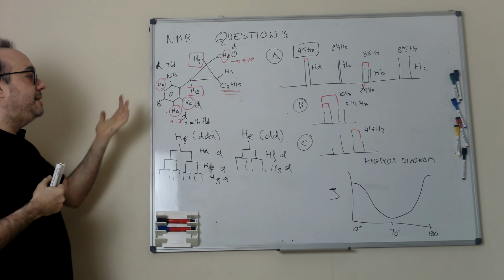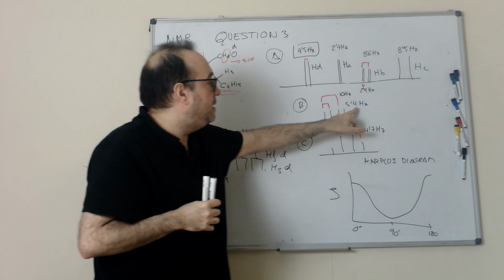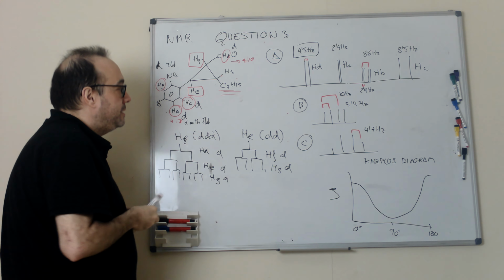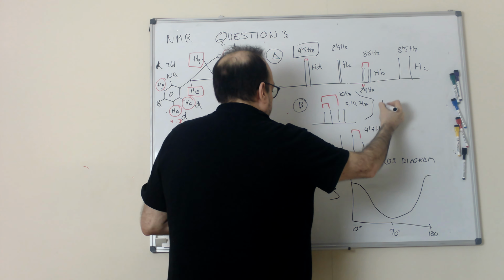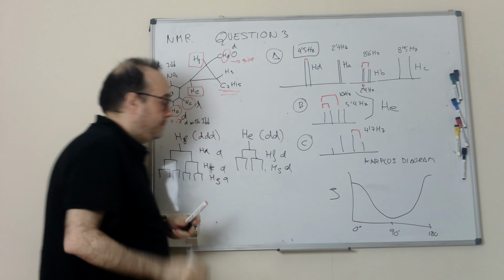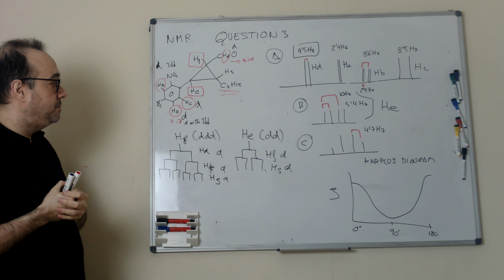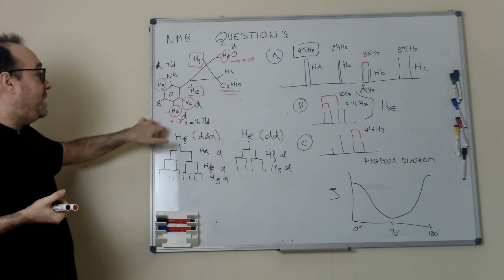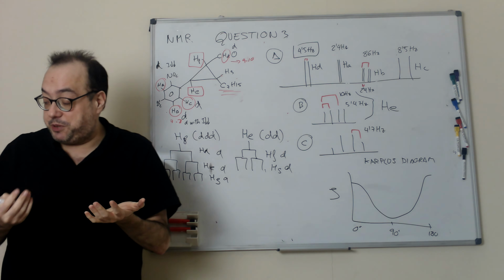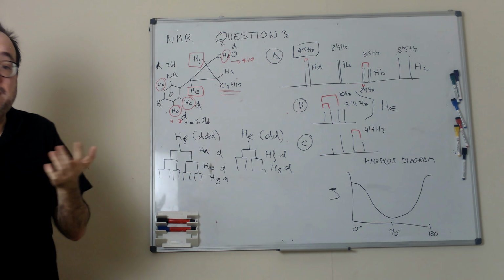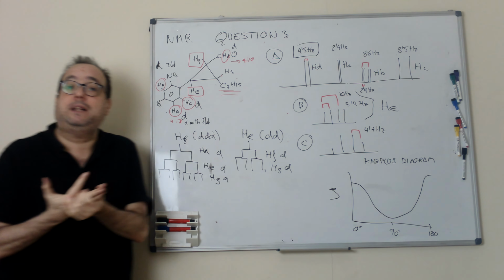And now we analyze signal B and signal C. Clearly, signal B is a doublet of doublets. That means that this will correspond to HE. While HF has to correspond to C because we don't have any other option. But if we analyze the signal a little bit, here it looks like a quadruplet, doesn't it?